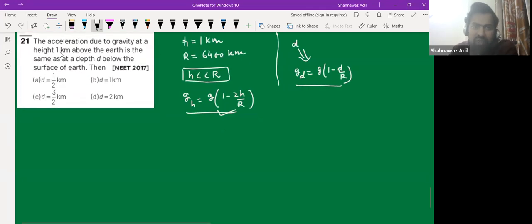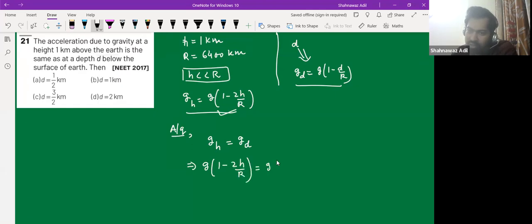They are saying that the acceleration due to gravity at a height 1 kilometer above the Earth is the same, so the acceleration at the height is equal to the acceleration at the depth. Then we can write this value: g, 1 minus 2h by R.